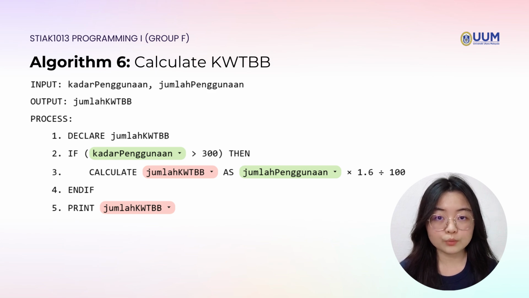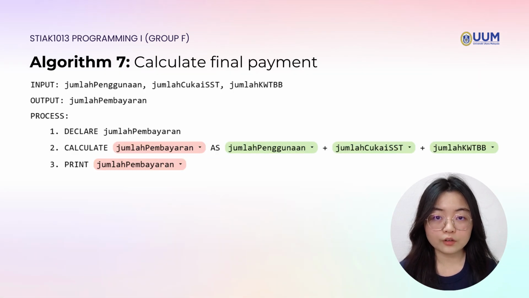The output jumlah KWTBB is the result of the calculation process. The last algorithm calculates the final payment. Jumlah penggunaan, jumlah cukai SST, and jumlah KWTBB are used in the formula to calculate jumlah pembayaran. The output jumlah pembayaran is the result of the calculation process.